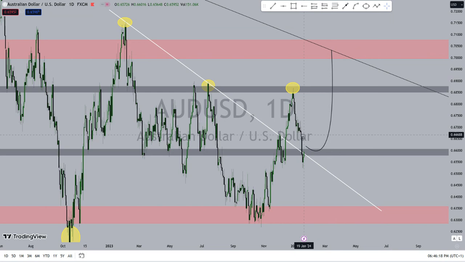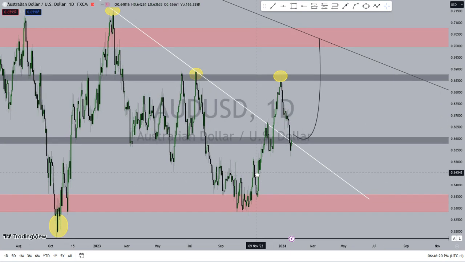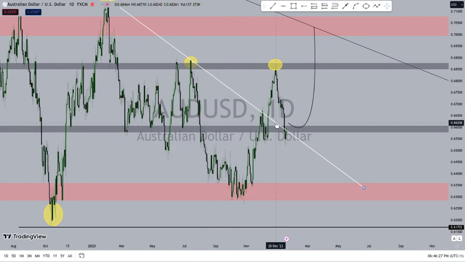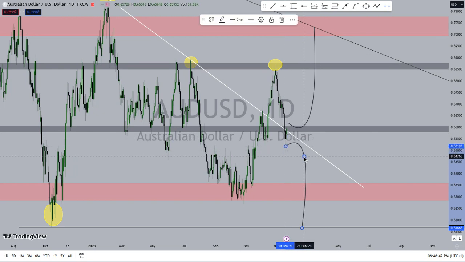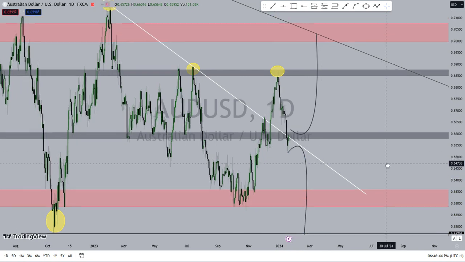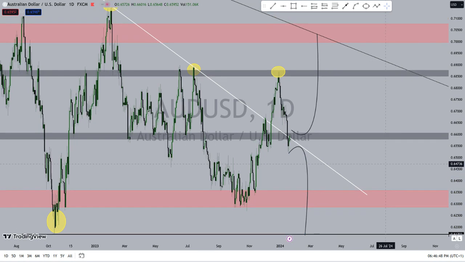Or this trend line may be invalidated if price trades down below this trend line. These are the two perspectives; I have a double-sided view on the next move AUD USD is going to take, because it has just been playing around.